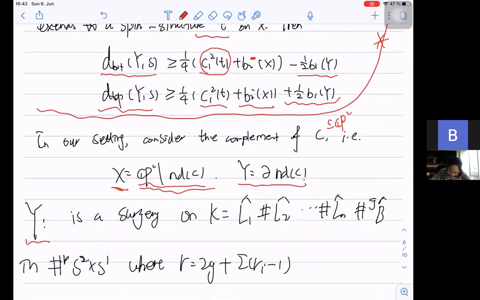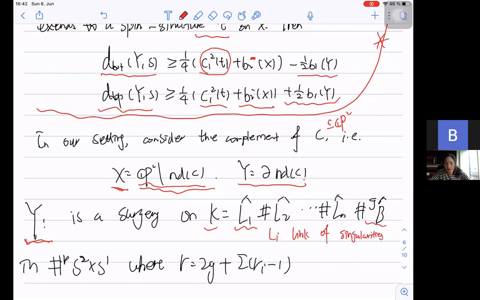We describe our boundary Y as a surgery on the knot K, and this knot comes from the connected sum of L_1 hat, L_2 hat, ..., L_n hat, and the connected sum of g copies of B hat. Let me explain the meaning of this notation. Remember, L_i is the link of singularity.